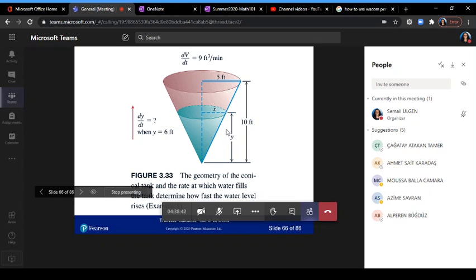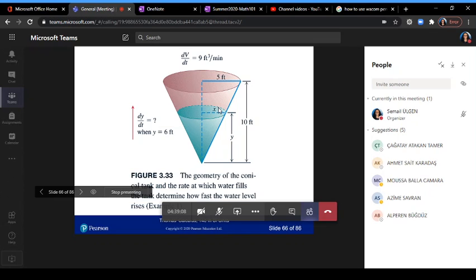Of course, the variables here, y is a function of time. As time increases, as we pour water here, y is going to increase, and x is going to increase as well. x is a function of time as well. As we pour water, the water level is going to rise, and the radius of the circle is going to increase.